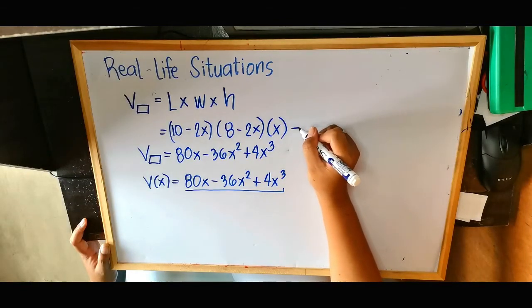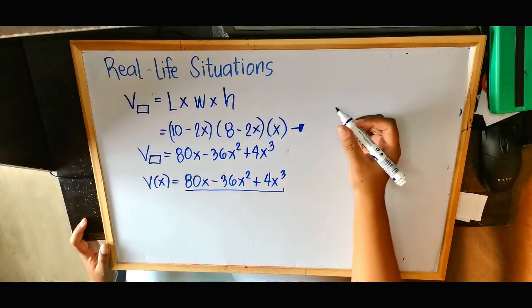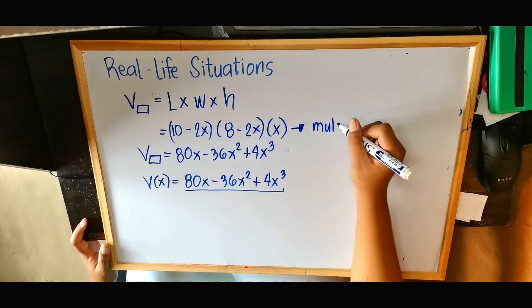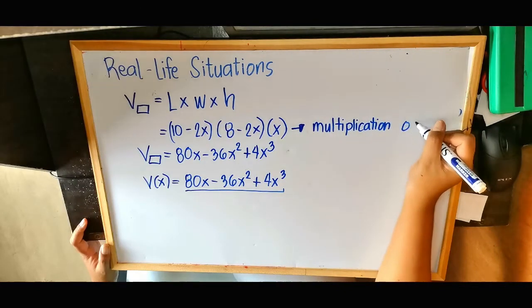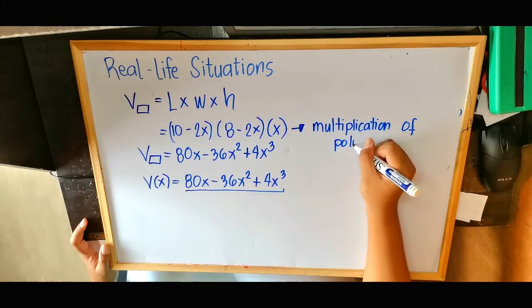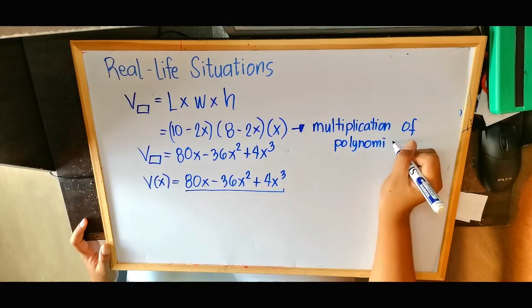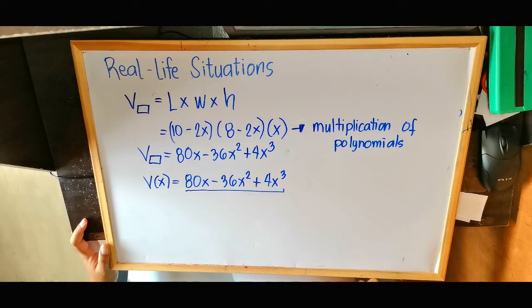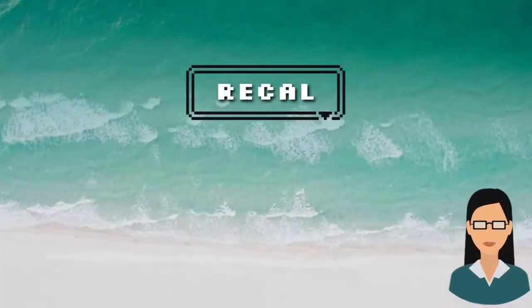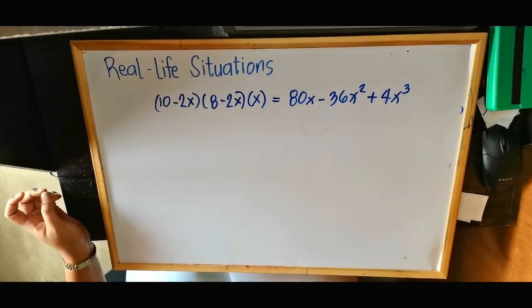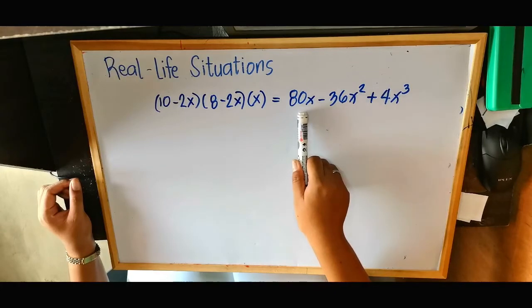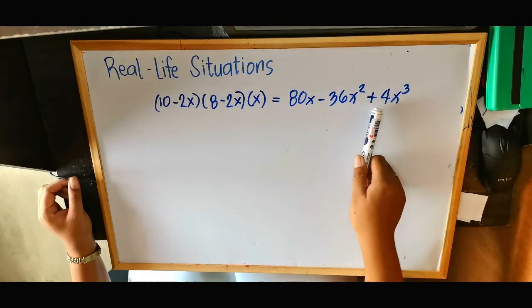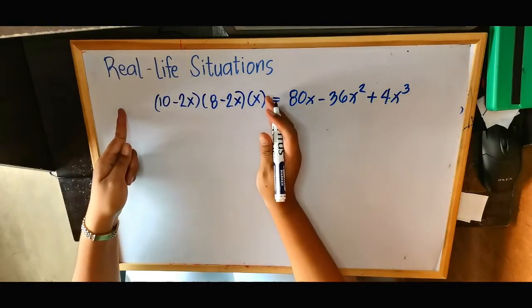So, on this line, we perform the multiplication of polynomials. So, we have to recall how to multiply polynomials. We have 10 minus 2x multiplied by 8 minus 2x multiplied by x, which results to 80x minus 36x squared plus 4x cubed.